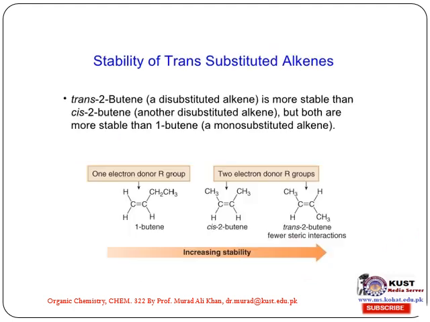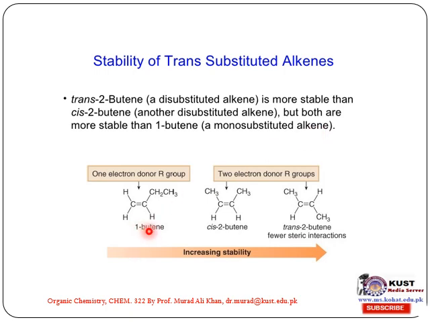Stability of trans-substituted alkenes. Trans-2-butene, a disubstituted alkene, is more stable than cis-2-butene, another disubstituted alkene, but both are more stable than 1-butene, a monosubstituted alkene.